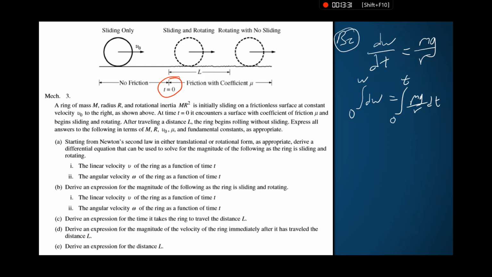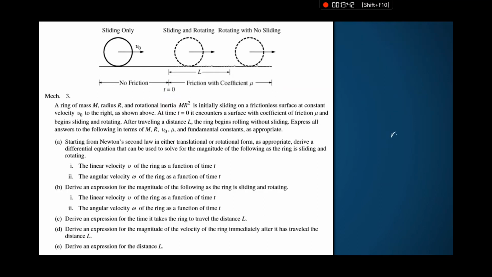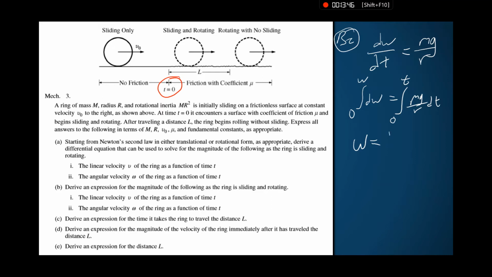What happens when I integrate the left side? Just omega. How about the right side? Perfect. Mu g t over r. All right, that's good. That's it for B1, B2.